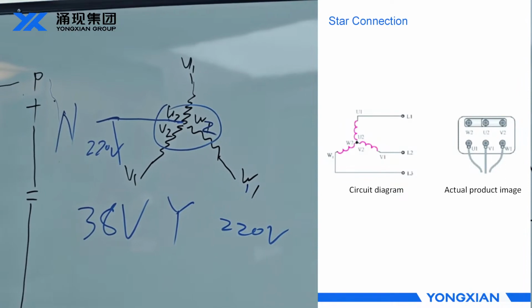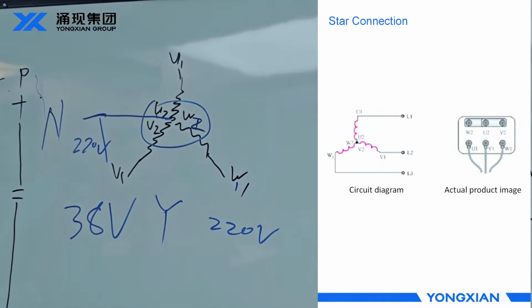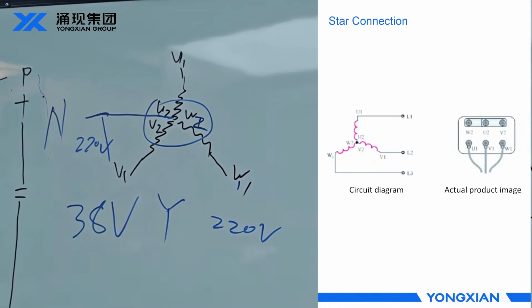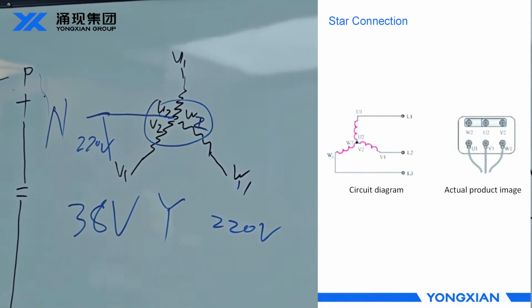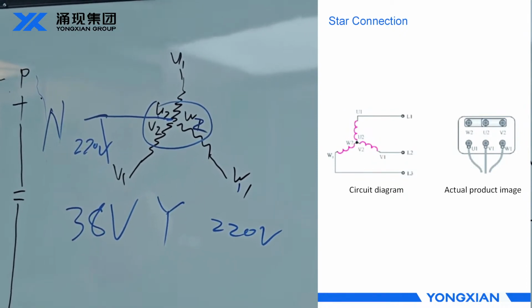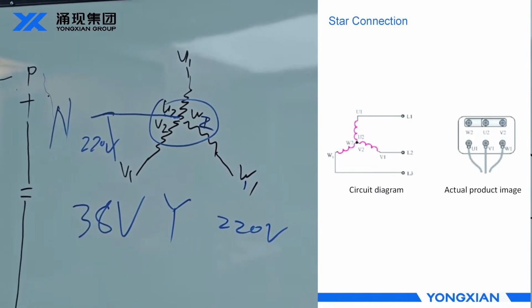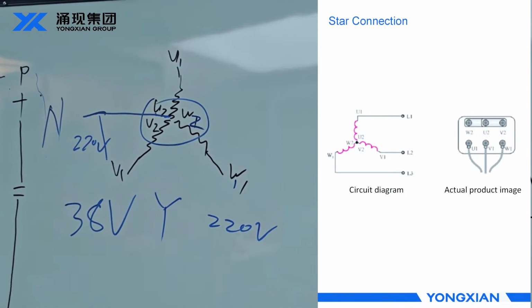Therefore, the voltage across each phase winding of a star-connected traction motor is approximately 220 volts. U2, V2, and W2 are connected to form a common neutral point N.